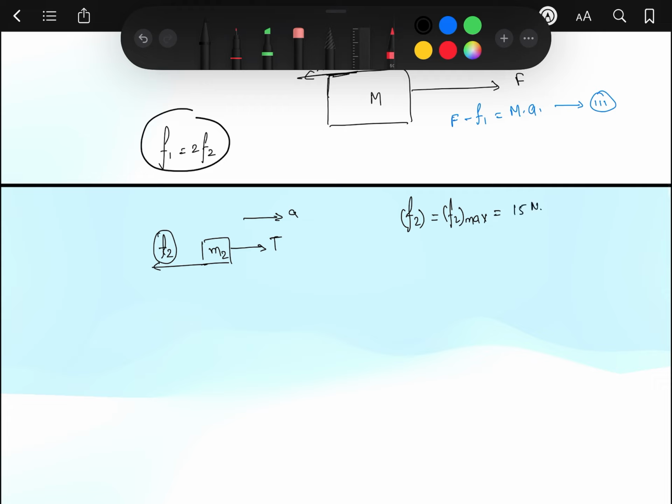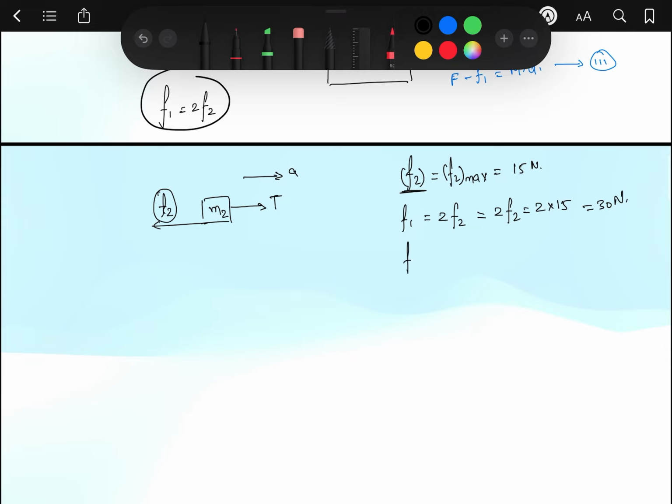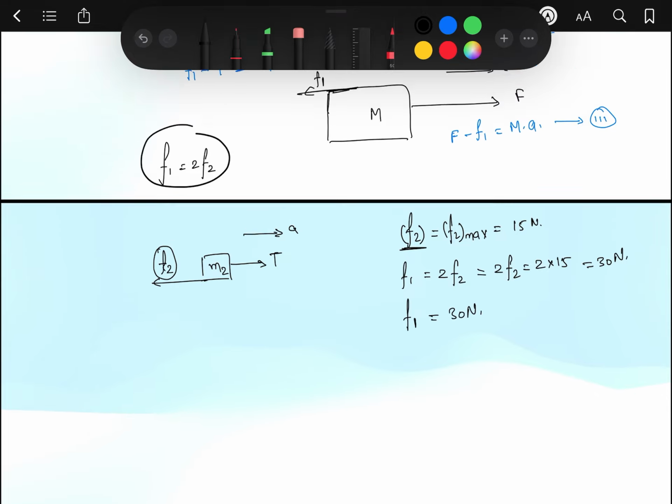Okay, so here F2 is 15 Newton and it is given in the question for particular value of capital F, this F1 is twice of F2. That means twice of 15 Newton, that means 30 Newton. So here the friction value F1 is equal to 30 Newton we are getting, right?